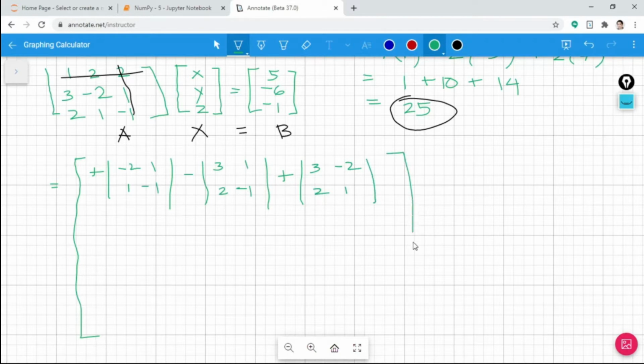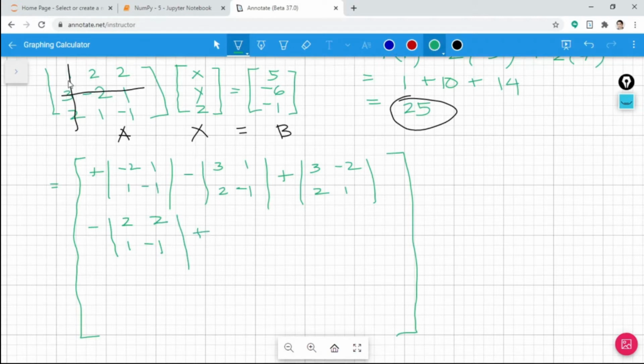Okay, well, that's a big matrix. Next one we have the 3. So this one is minus of 2, we have 1 and negative 1. Next one is plus.